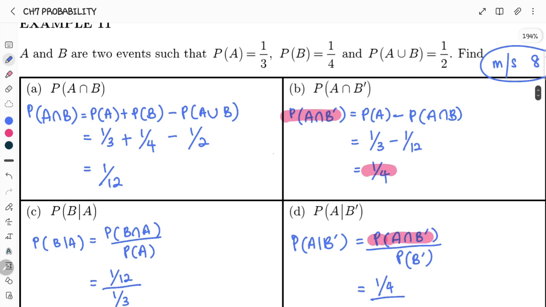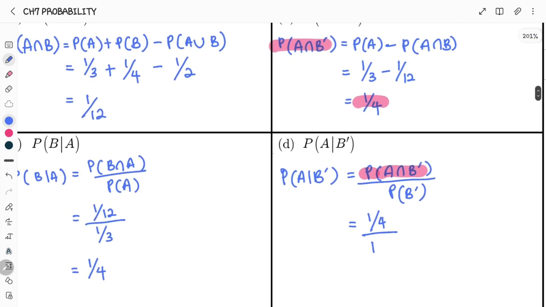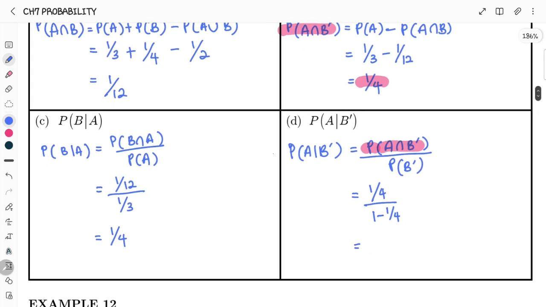P(B) is equal to 1/4, so B complement would be 1 minus 1/4. Simplify that, you get 1/3.